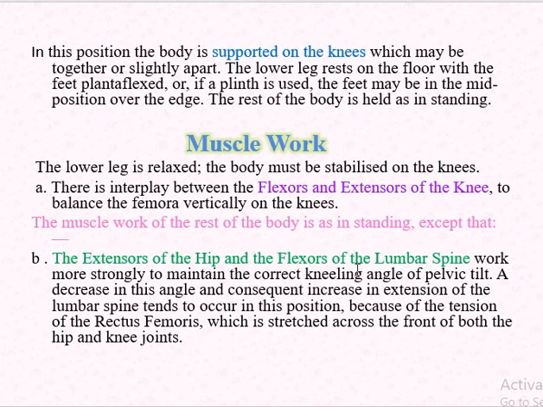Extensors of the hip and flexors of the lumbar spine work strongly to maintain the correct kneeling angle of the pelvic tilt. Look at this point. A decrease in this angle and consequently an increase in the extension of the lumbar spine tend to occur in this position because of the tension of the rectus femoris, which is stretched across the front of both the hip and knee joint.